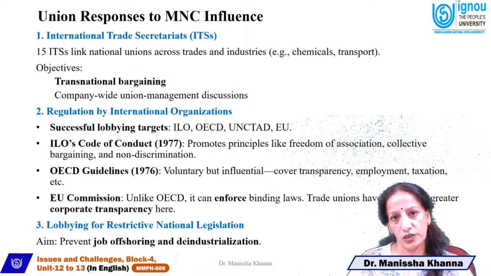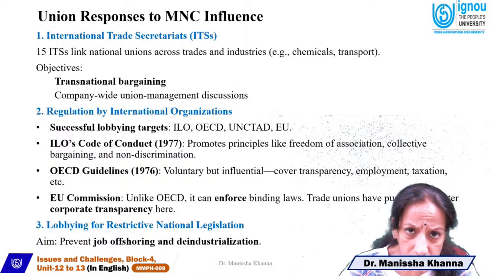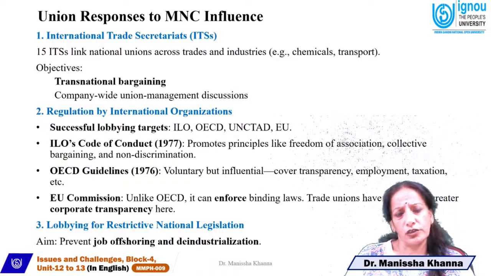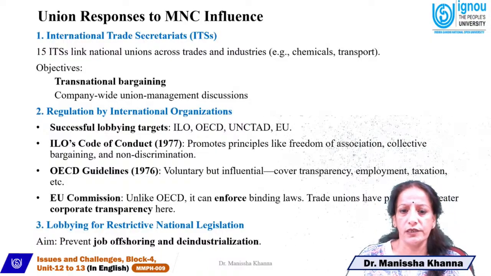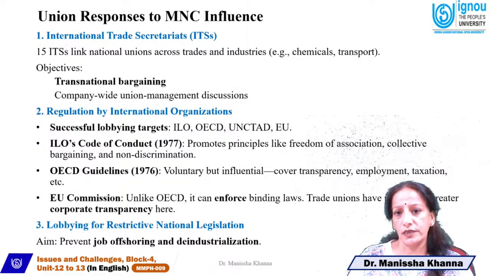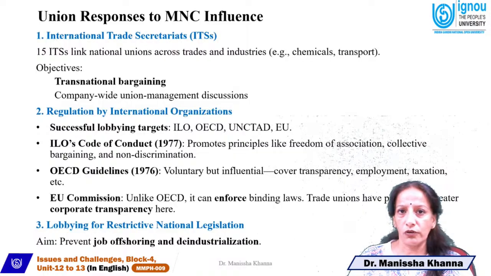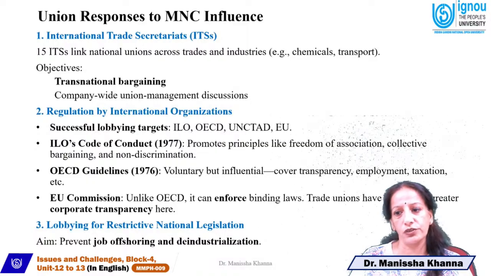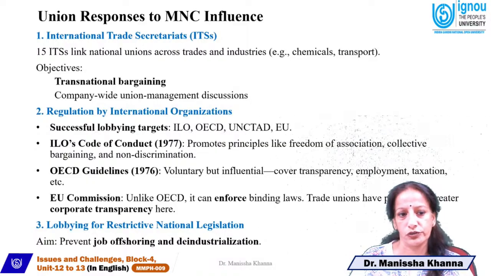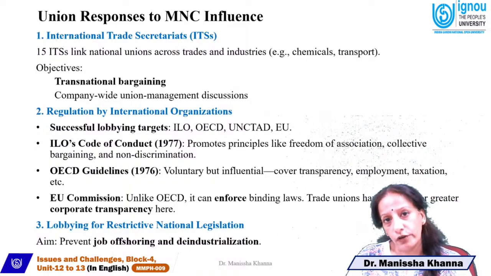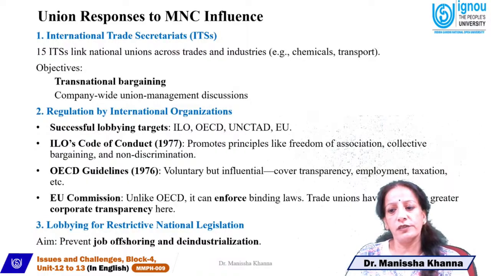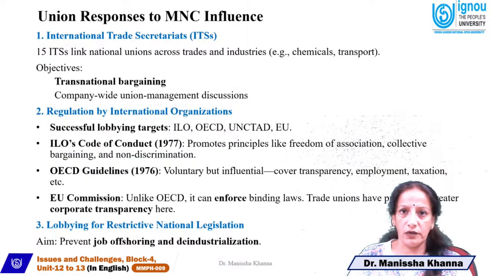Second is regulation by international organizations, where there is successful lobbying of the ILO, International Labour Organization, the OECD, UNCTAD, and the EU. The ILO issued a Code of Conduct in 1977, which promotes principles like freedom of association, collective bargaining, and non-discrimination. The OECD guidelines are voluntary, but more influential. They cover transparency, employment, taxation, and other issues.